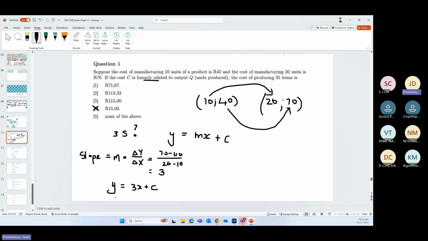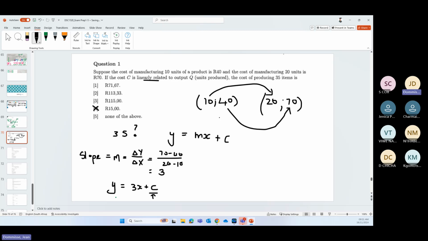we will get an answer that is 35 times 5, sorry, 35 times 3, 105, which is not there. But why it's also not there is we don't know what the value of C is yet.